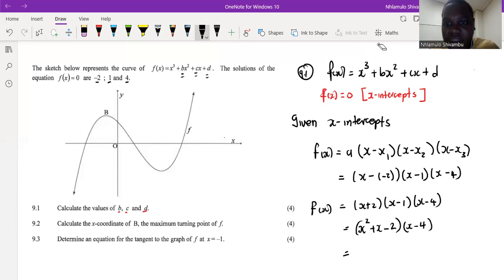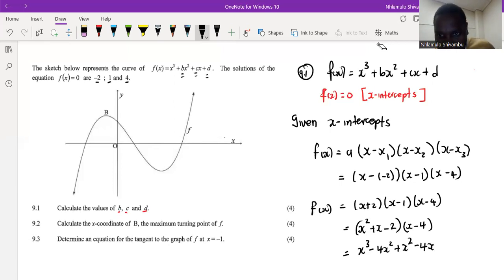Now this is going to give us x squared times x, which is x cubed. Then x squared times minus 4 gives minus 4x squared. Then we have x times x, which gives x squared. Then x times minus 4 is minus 4x.